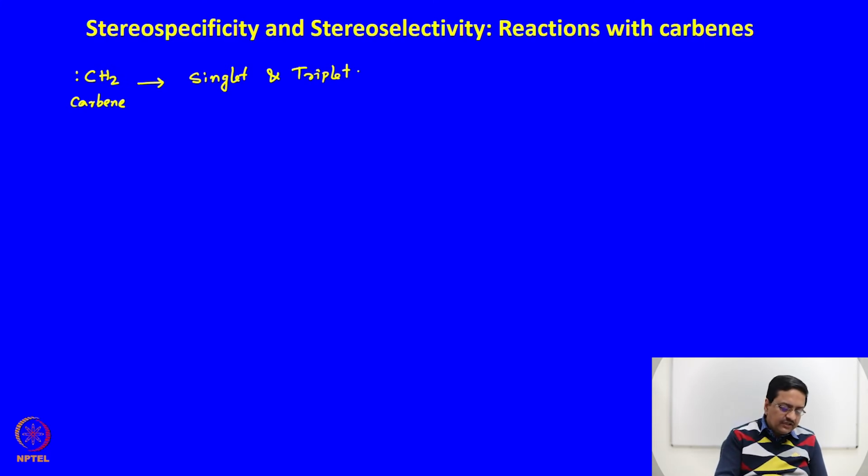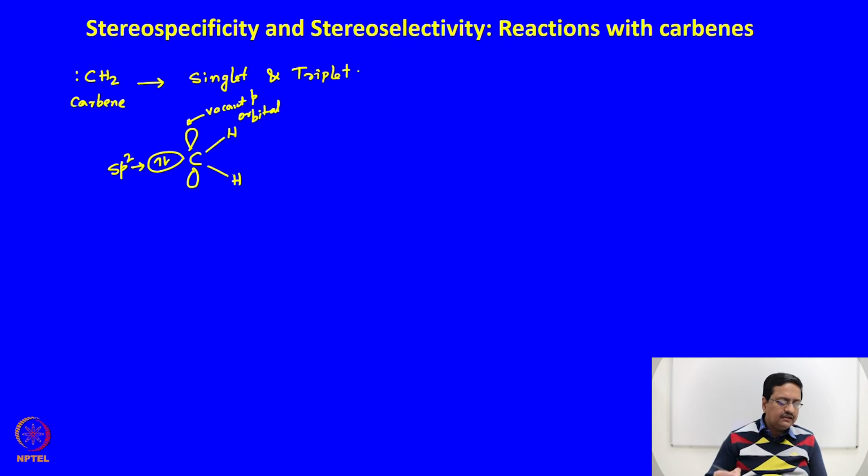In the singlet carbene, the carbon is in an sp2 hybridized state, and the lone pair of electrons reside in the sp2 hybridized orbital, and you have a vacant p orbital present in this singlet carbene.